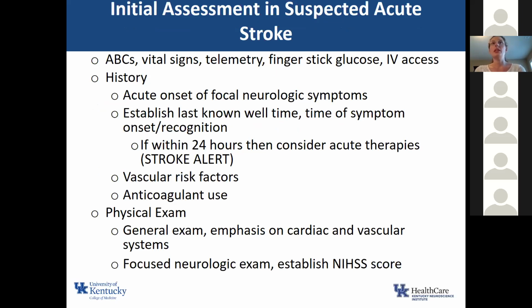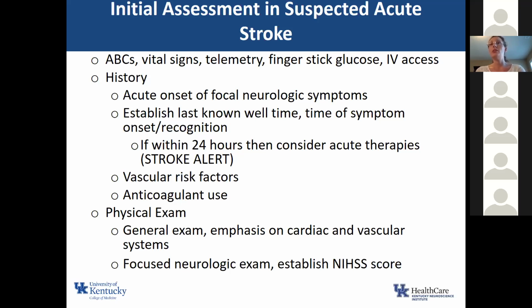When a patient comes in, for the initial assessment of a suspected stroke, obviously you want to make sure you take care of the ABCs. You're focusing on their vital signs. Put them on telemetry to look for any arrhythmias, or concern for evidence of ischemia, because acute myocardial injury can be common in acute stroke as well.